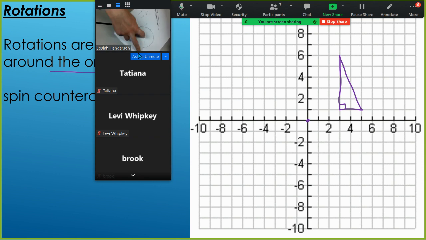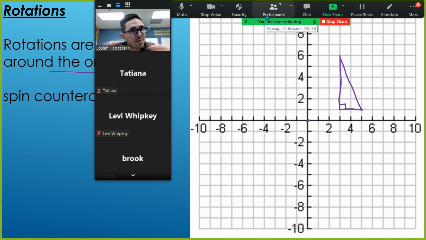Just like how our solar system is orbiting around the sun. Okay, not a very great example, but that's what we're doing with these rotations. I think these are a little trickier than the reflections. Reflections, we can count the squares, and it's not as intuitive with the rotations.